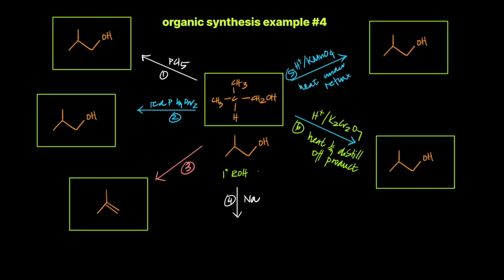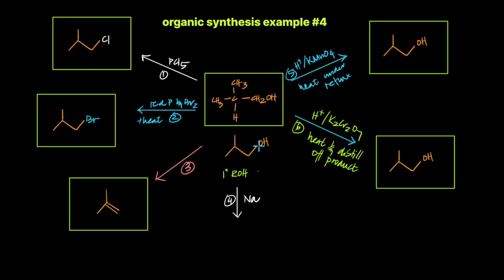So if I put this with PCl5, all it does is replace the OH with Cl. That's a substitution reaction, and you can also see white fumes formed. Red phosphorus and bromine is basically a replacement of the OH with Br. So now instead of Cl, you get Br. And obviously heat; you don't need to heat with PCl5.